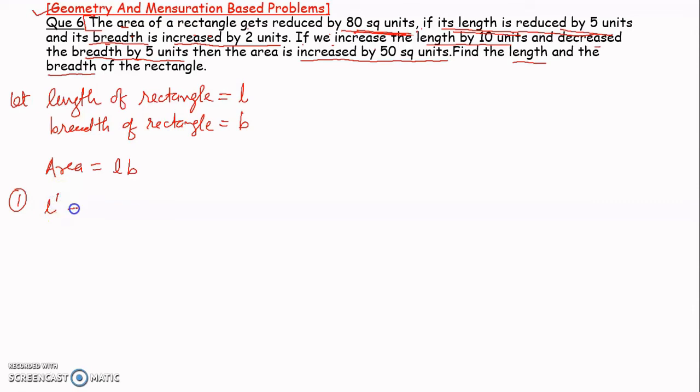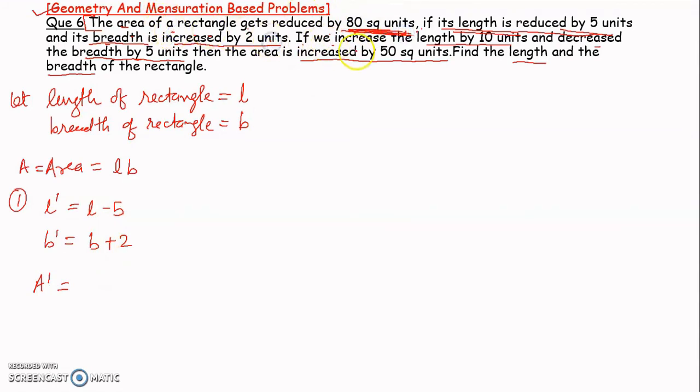Let's say L dash is the new length, so it will be L minus 5, and the new breadth, B dash, is increased by 2 units, so it is B plus 2. So the new area, let's say A dash, will be reduced by 8 square units, right?